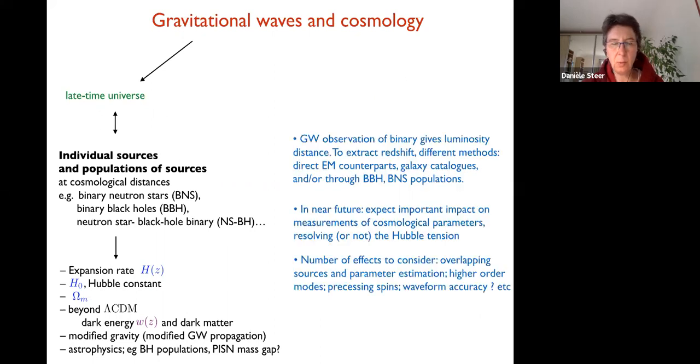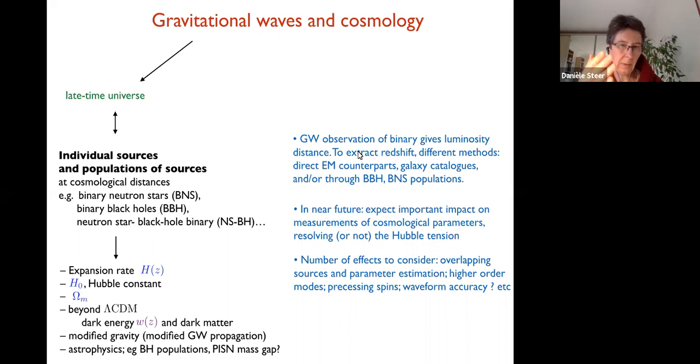And as we saw, maybe I can just summarize what we discussed the other day. What we learned in the first lecture was that when we observe the gravitational waves from a binary system, such as a binary neutron star or a binary black hole or neutron star black hole binary, from the data, we can extract the luminosity distance to the source.